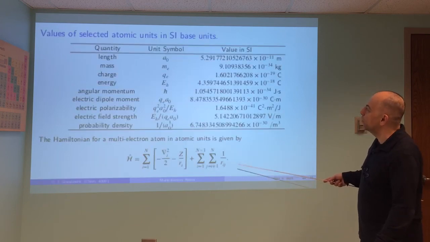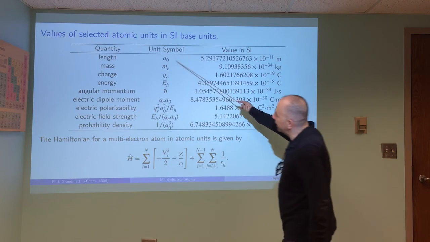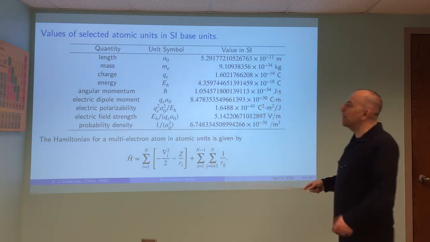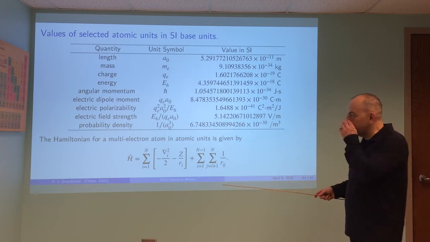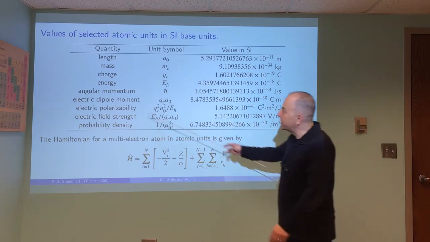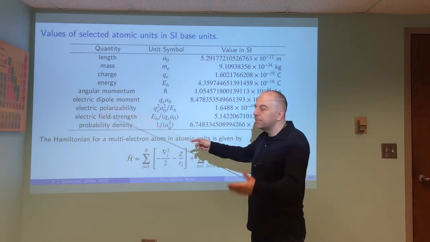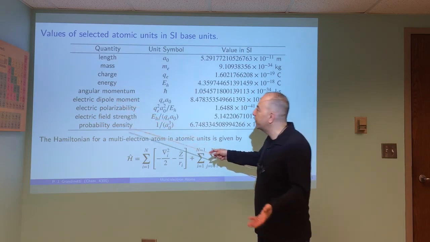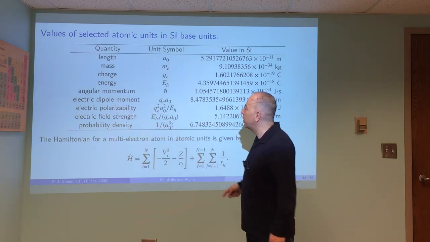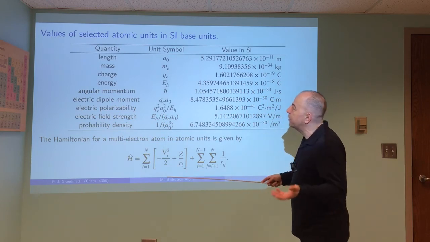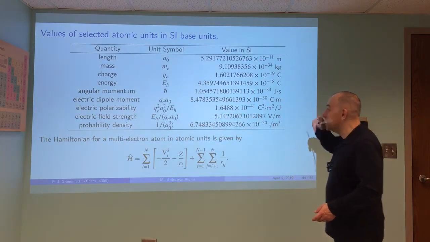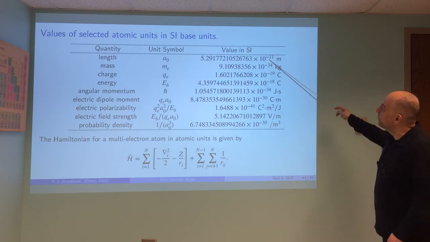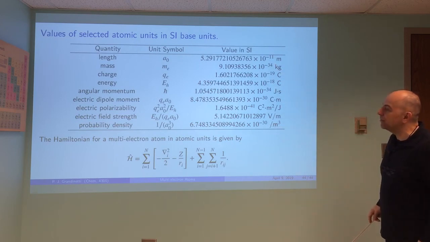So in other words, here's all the quantities that you might be interested in. If you get an output from some computational chemistry program and you get an energy, there won't be a unit on the energy. Maybe they'll convert it for you, or angular momentum, or electric polarizability. If they're given to you in atomic scale units, you just need to multiply them by the corresponding factor, which will then convert them back into a dimensionful unit.